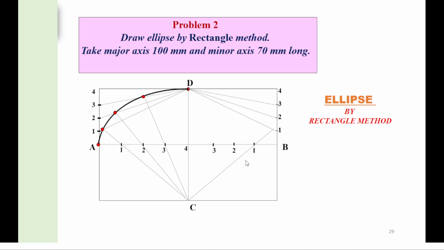Starting from point C through 1, I will draw a line which will intersect line 1D. Again through C, point 2 till 2D. From C through 3 till the 3D line. Again we will have these points equal to P1, P2 likewise. What we have done towards up, we will reflect here the same, dividing this line into 4 parts.